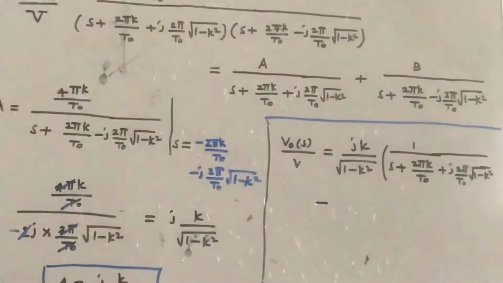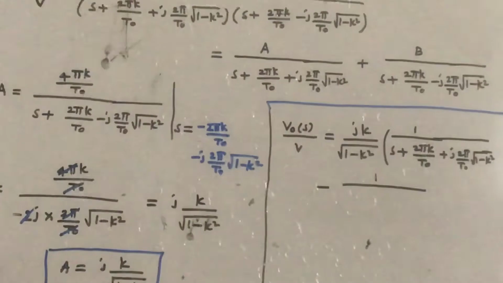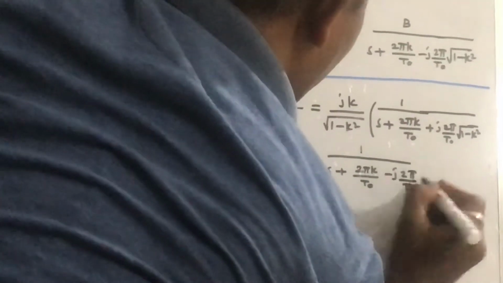So this is the first term, minus, because B is minus, 1 by s plus 2 pi k by t naught minus j 2 pi by t naught into square root of 1 minus k square. So these are the terms you get, the A and B values.